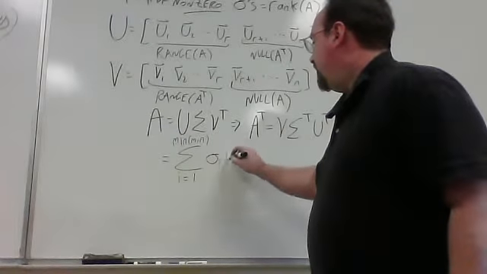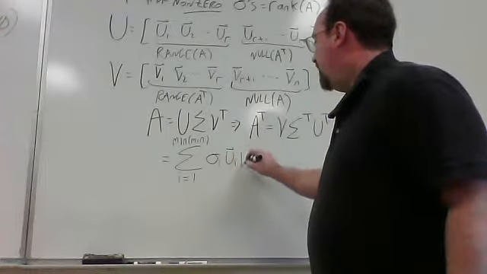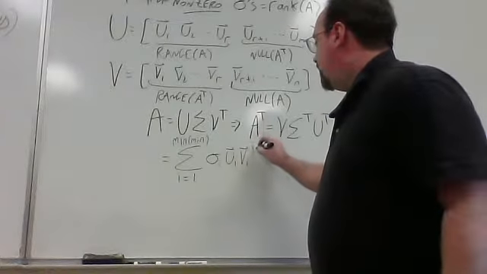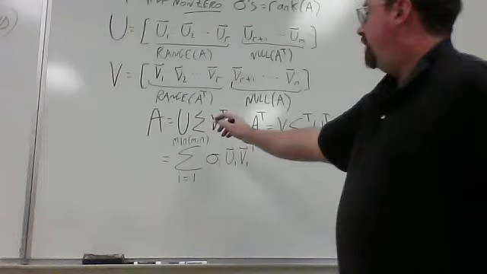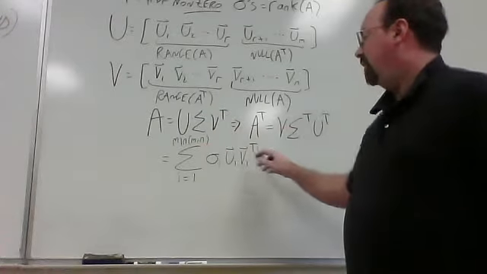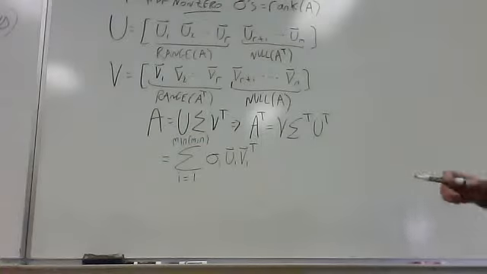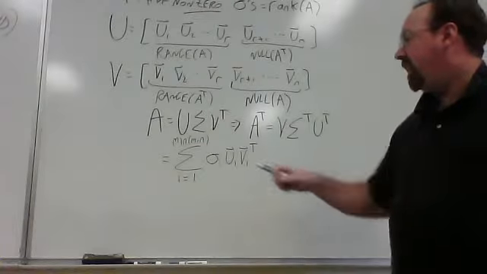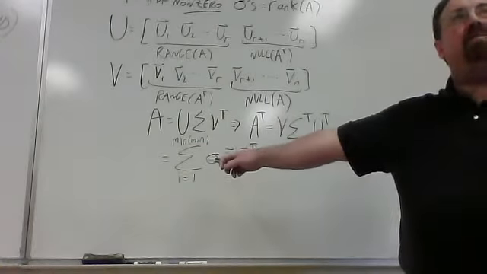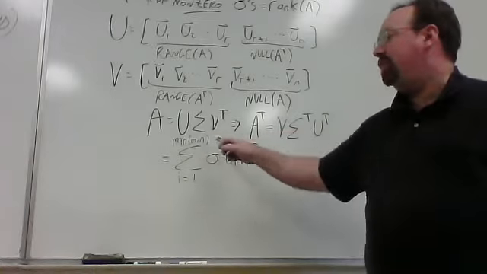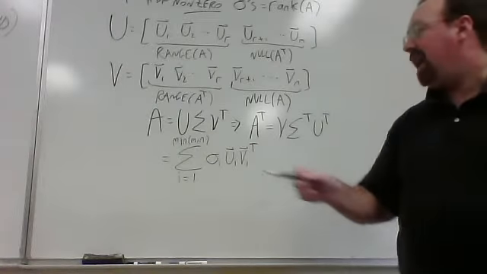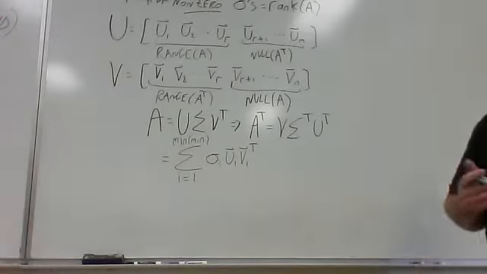Sigma i, u i, v i transpose. So this matrix product is equivalent to this sum of outer products. But I don't need to let this sum go from 1 all the way up to the minimum of m and n. How many terms do I really need in that sum?